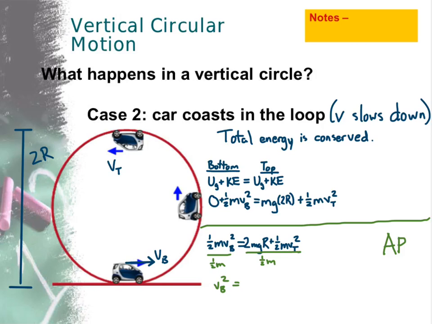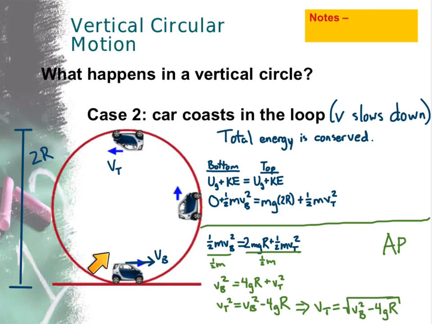And on the right-hand side, it turns out that I end up with 4gr plus v t squared. And then if we take the square root of both sides, I decided to solve for v t squared, and then take the square root of that, and it turns out the velocity at the top is equal to the square root of the velocity at the bottom squared minus 4gr. So there's a definite relationship between the velocity at the top and the velocity when you entered the loop-de-loop.